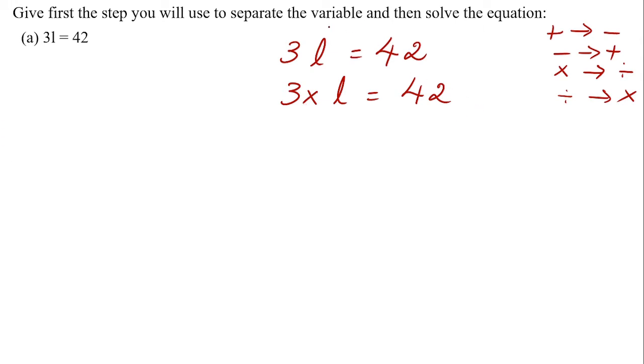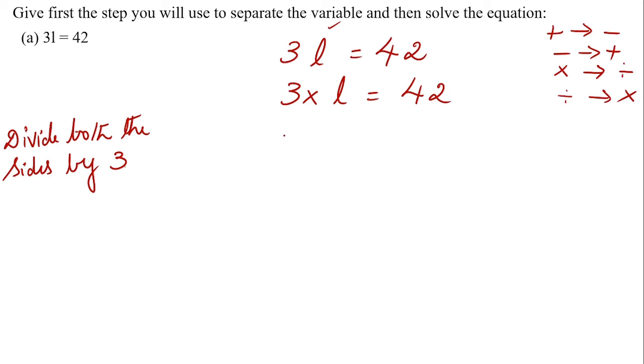And L is there, unknown quantity is over here. So what are you going to do? Divide both the sides by 3. 3 is there, so the same number you will take.